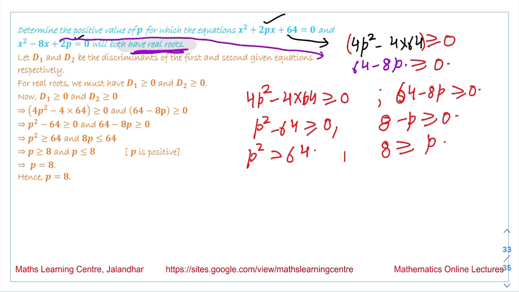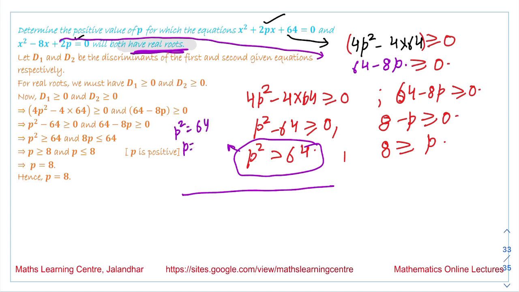Now again, to solve this, we will draw the number line. We are getting that when p square is equal to 64, then p is equal to plus or minus 8. So there are 2 points over here, one is minus 8 and one is 8. We are saying that at these points the discriminant is 0.